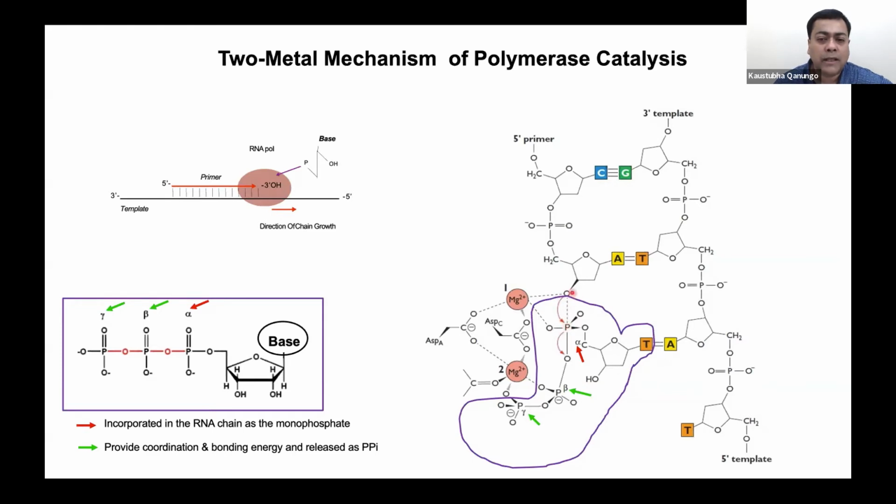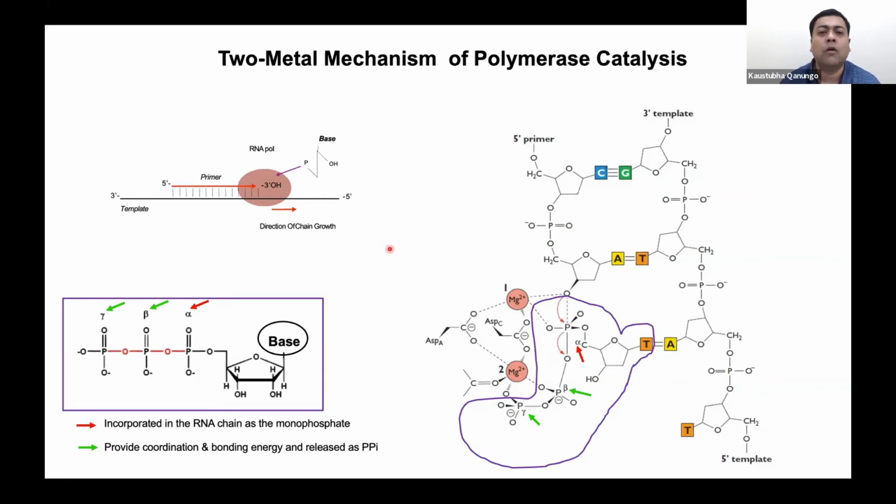So when this goes on, this structure is stabilized by this second magnesium, and this helps to keep the molecule in the transition state so that this reaction can occur. So that's the reason these two magnesiums are essential to keep this alpha, beta, gamma phosphate in position so that this reaction can go on. And again, we will not go into the organic chemistry.